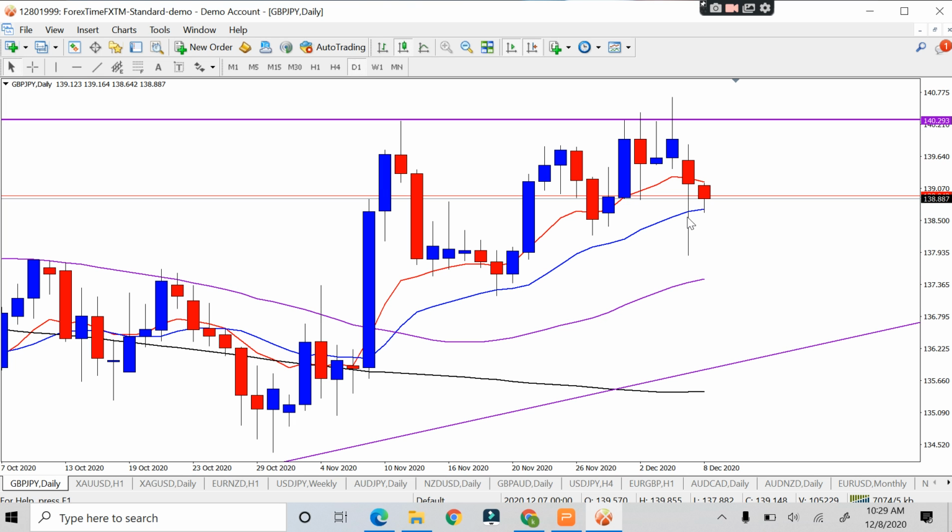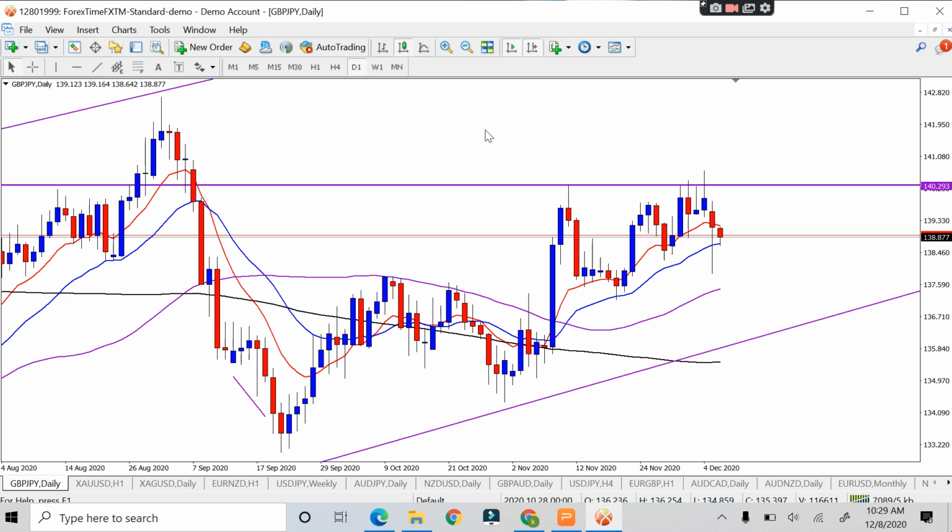It will be a wonderful point to find your buy signals. Right now, it's not giving me any buy signal, but I'm still having a buy bias. I would wait for a buy signal, probably if I see a bullish engulfing, if I see a morning star, if I see a pin bar form, then I can do my long trade.